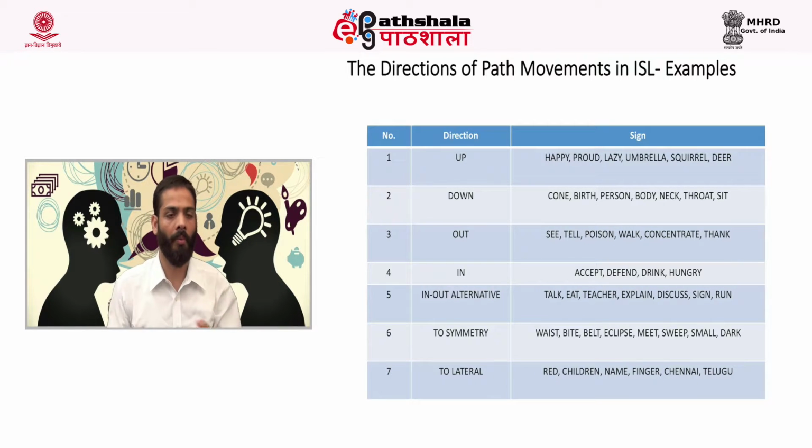Proud. Umbrella. Umbrella opens up. So the sign is up. The signs for down would be birth, because you know that a baby is born downwards. Person, coming from head to toe.